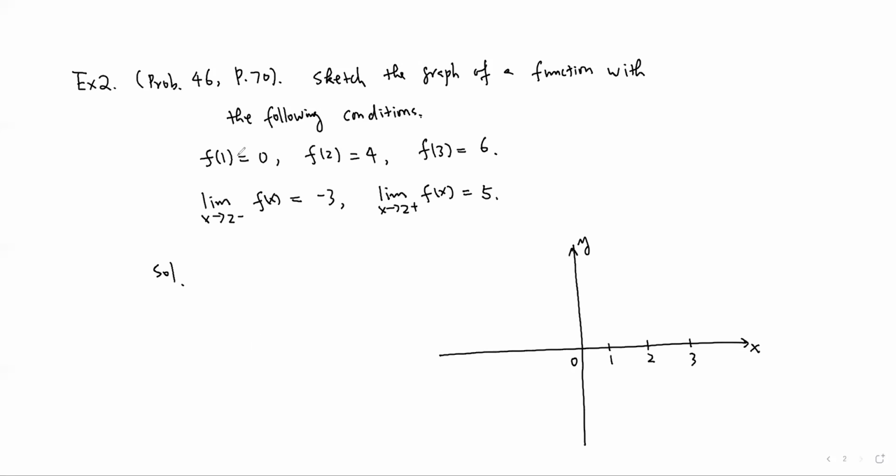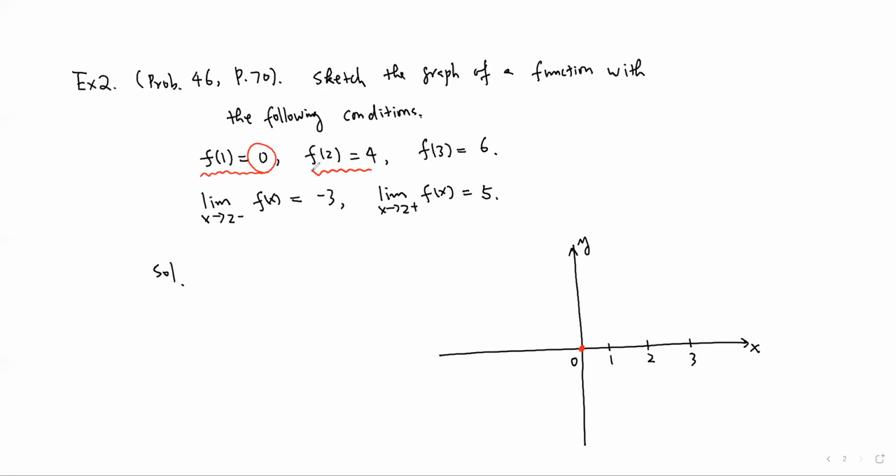Now, first condition. Function value at 1 is 0. Function value is the height of the graph. Function value at 1, the height of the graph at 1, is 0. So, solid dot here. A solid dot is part of the graph.